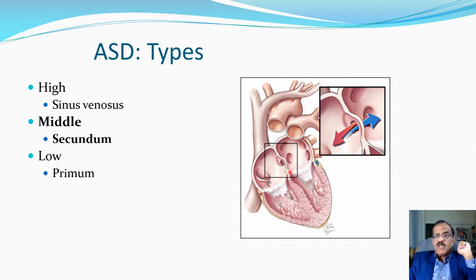Because of the additional cusp abnormality and also the possibility of a defect in the upper part of the interventricular septum, the primum defect is very, very serious. So primum and venosus are less common. Secundum, which is present in the middle part, is more common. But minus those features which are caused by the additional abnormality, the clinical features of all three would be more or less the same.